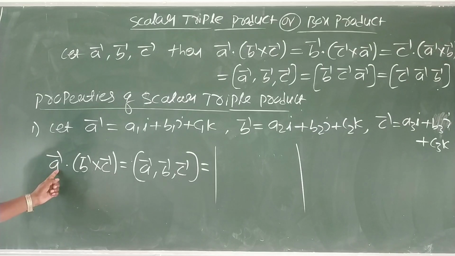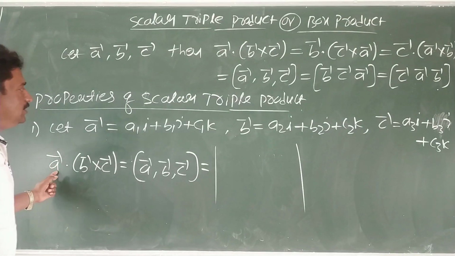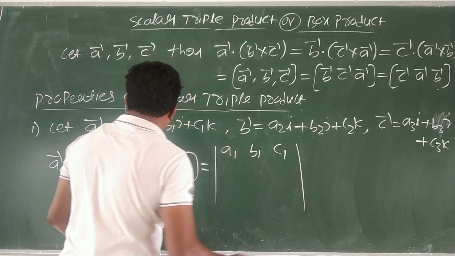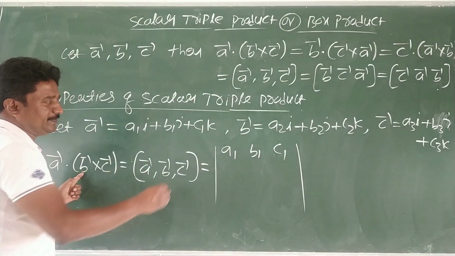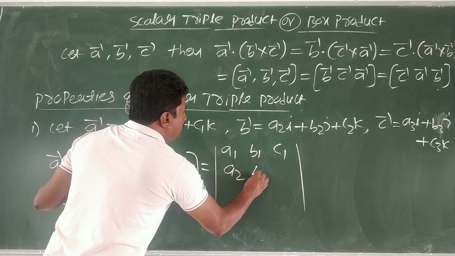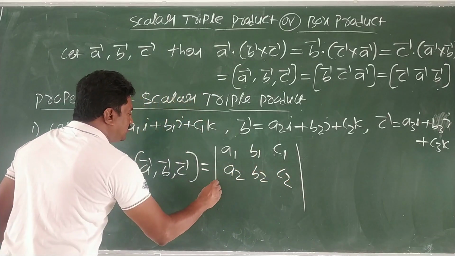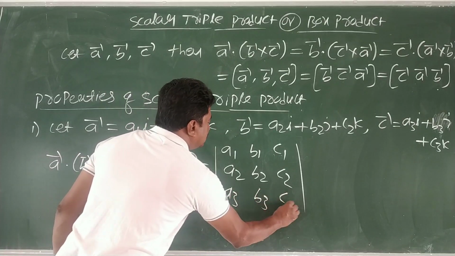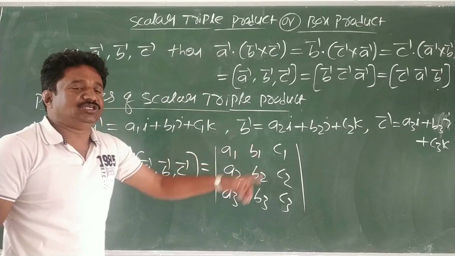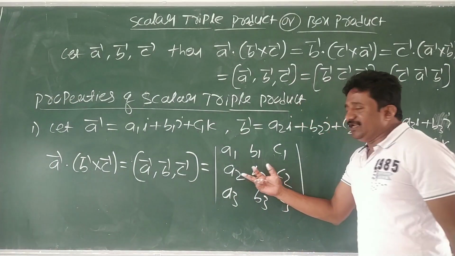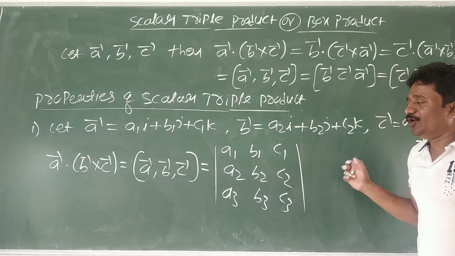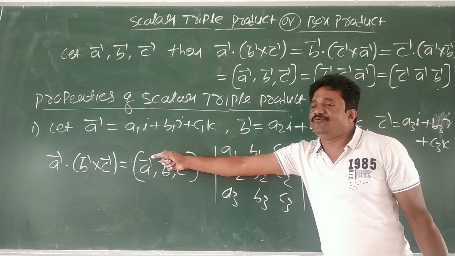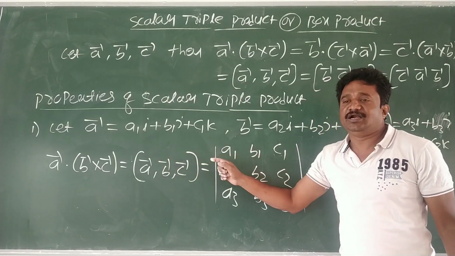First you write the components of A. Tell me the components of vector A: A1, B1, C1. Vector B components: A2, B2, C2. Next vector C components: A3, B3, C3. On expanding this determinant, we are going to get the value of the box product or scalar triple product.